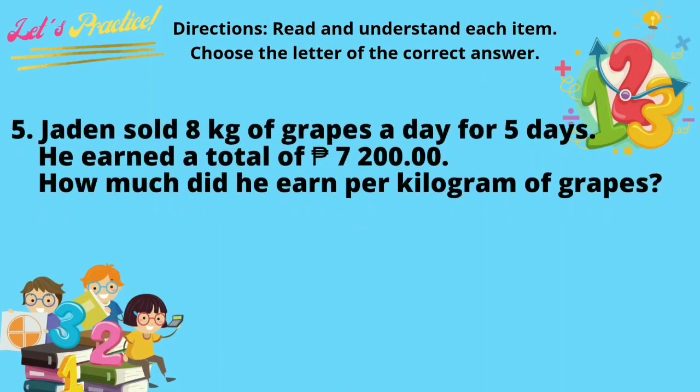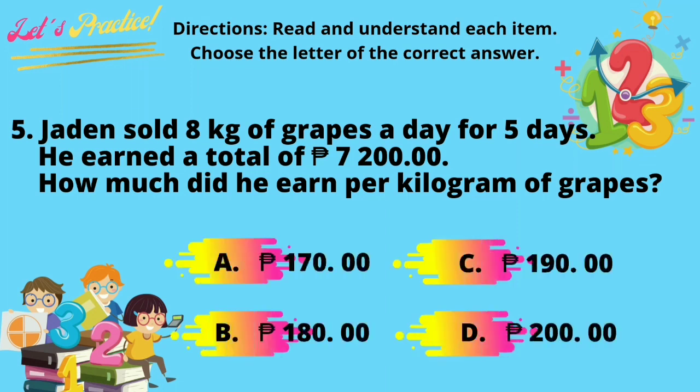And last, number 5. Jaden sold 8 kilograms of grapes a day for 5 days. He earned a total of 7,200. How much did he earn per kilogram of grapes? If your answer is letter B, 180 pesos, you are right. 8 times 5 is 40.